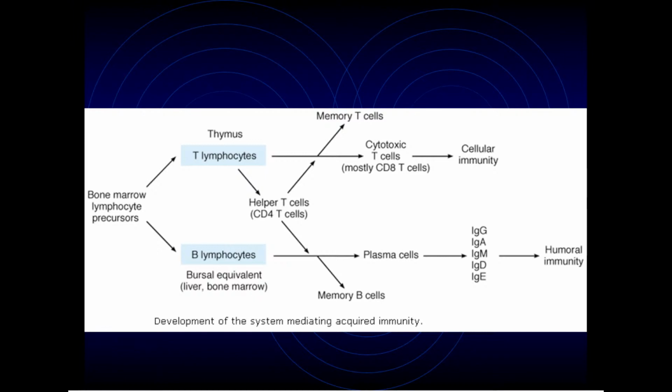They also differentiate into a clone of plasma cells, which secrete immunoglobulins or antibodies. As you remember, there are five classes of immunoglobulins: A, G, M, D, and E, found mainly in gamma globulins. So, memory B cells and plasma cells.